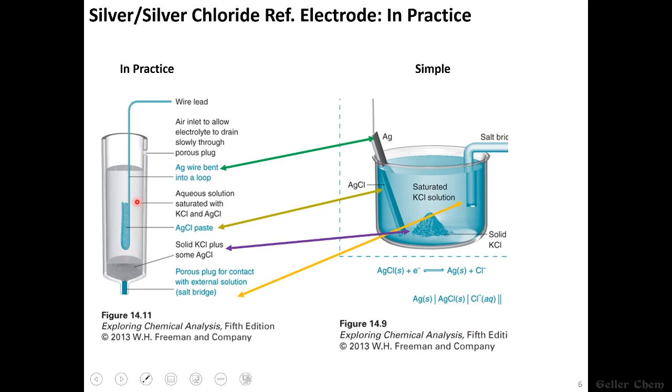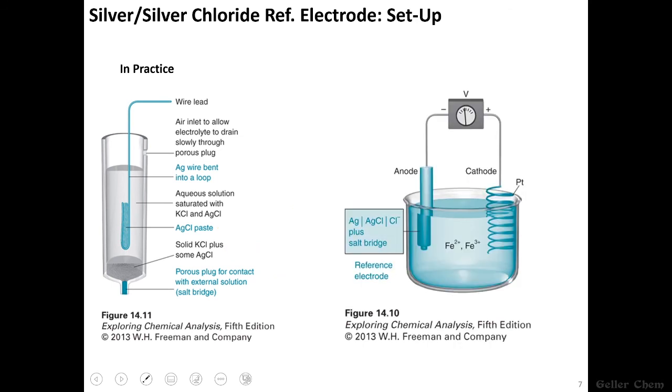In between this loop is some silver chloride paste, as opposed to just putting paste on top of this solid slab. There's some solid KCl at the bottom, allowing us to have saturation in the solution, and finally there's this porous plug that operates like a salt bridge. So all of the components are there, but it's a lot simpler to use.